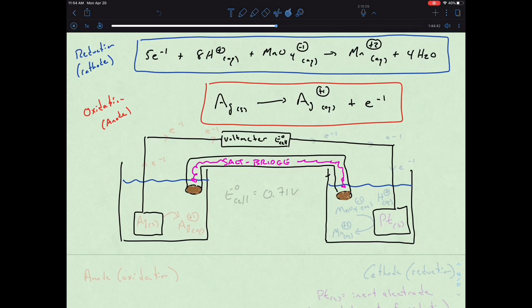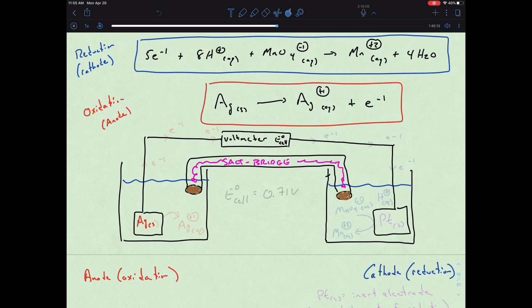So we have the anode on the left. We have our cathode on the right. And so now we're just putting the different components from above on either side. So let's start with the oxidation. In the oxidation, we have the silver.